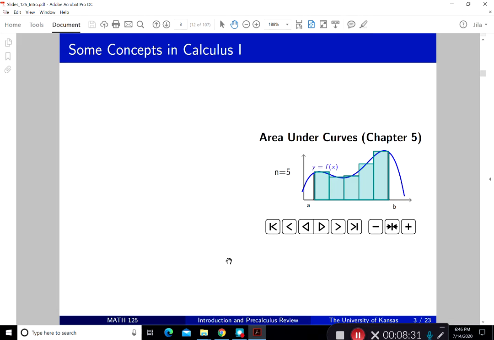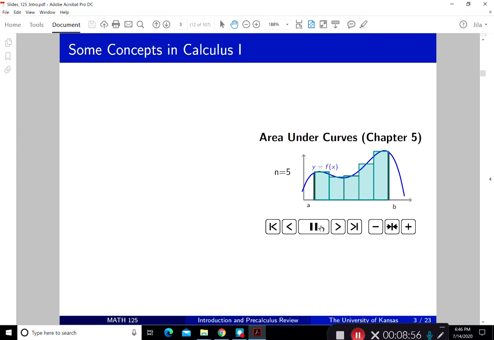The next is chapter 5, which discusses the area under the curve. The area we're very familiar with is the area of a rectangle, or other shapes where we know how to find the area.